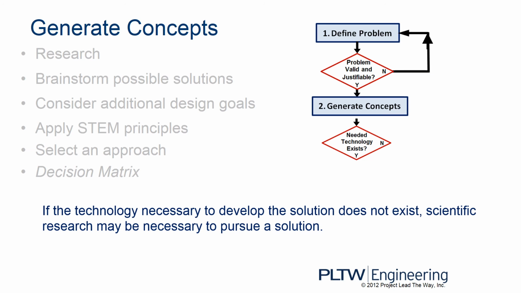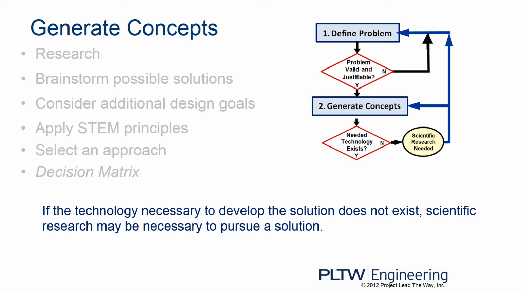So if the technology necessary to develop the solution does not exist, you may have to go into research to pursue a solution. So you may need to go out, do scientific research, and then loop back, make sure your problem is good, maybe make sure that your concept is still applicable once you have created your scientific research. So you have to determine, do I need to do that?